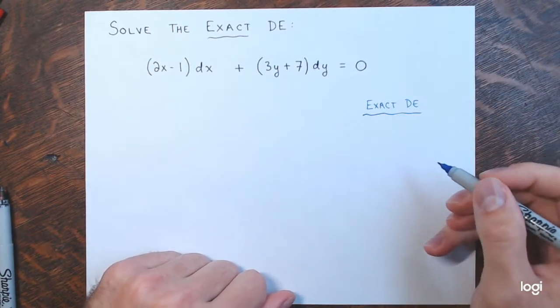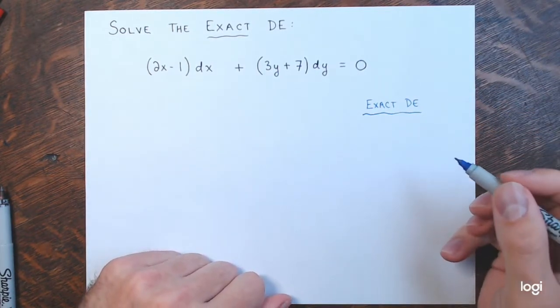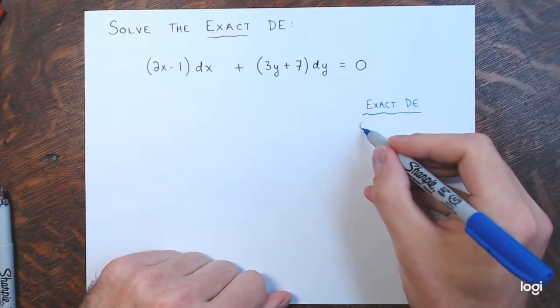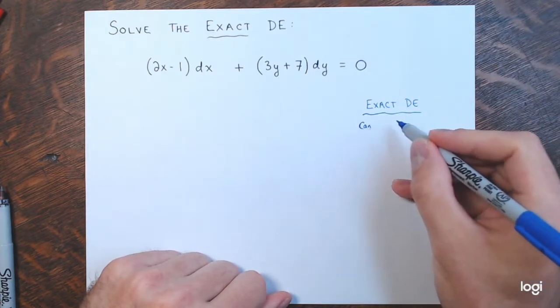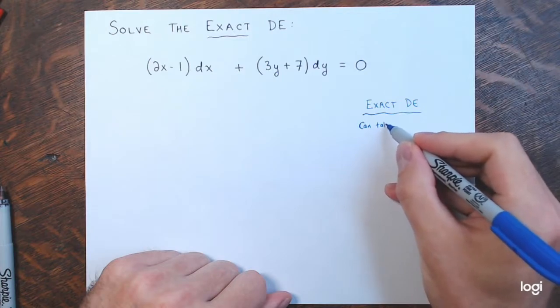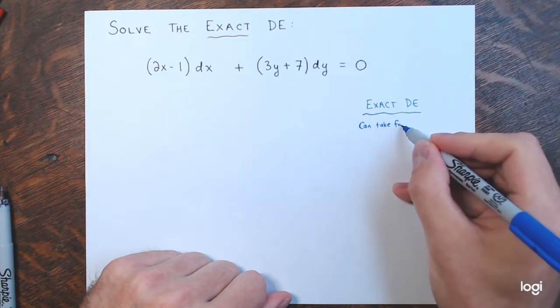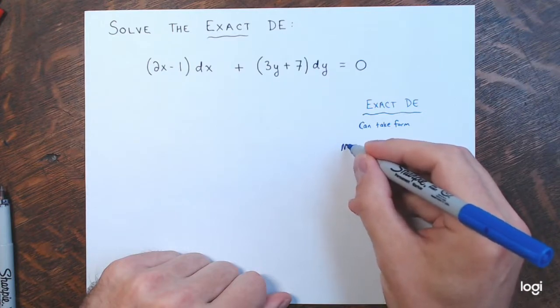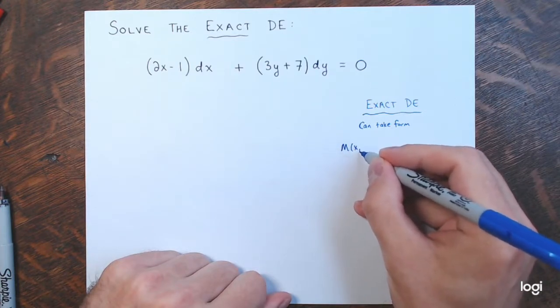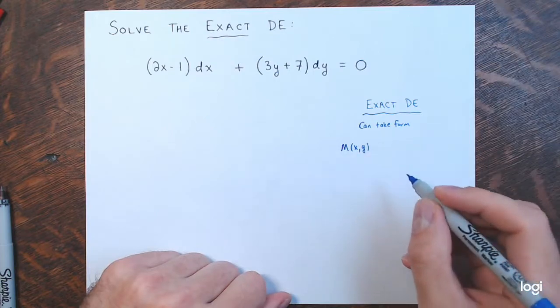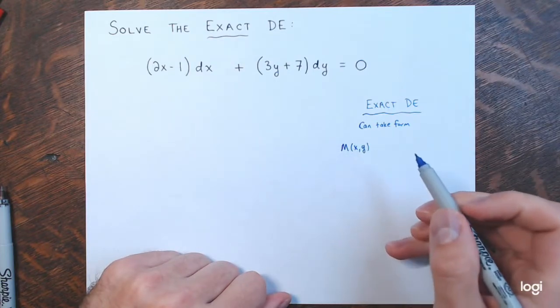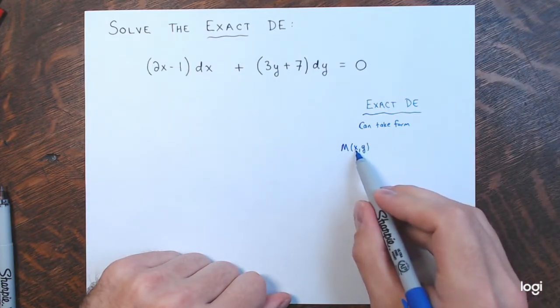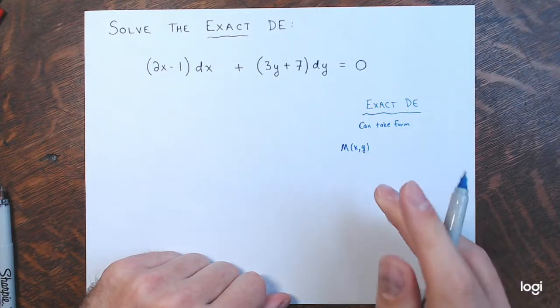So any first order differential equation is considered exact if it can take the following form. You have some function m of both variables, the independent variable x and dependent variable y, or if you consider x the dependent and y the independent, right?